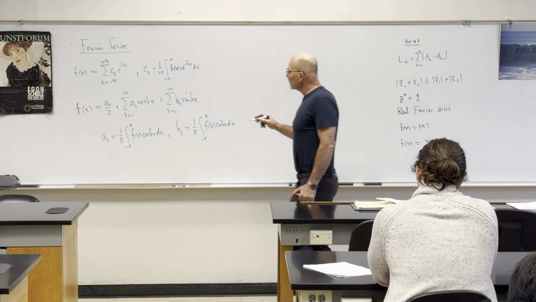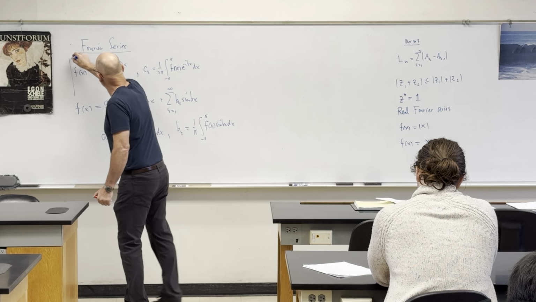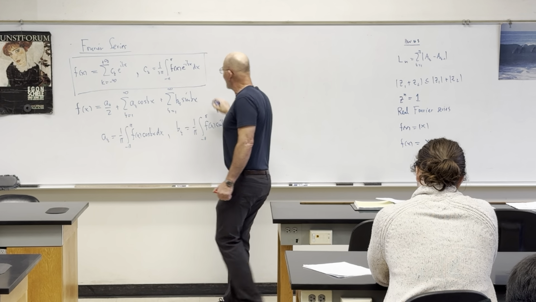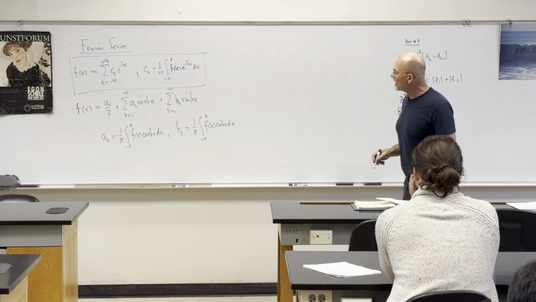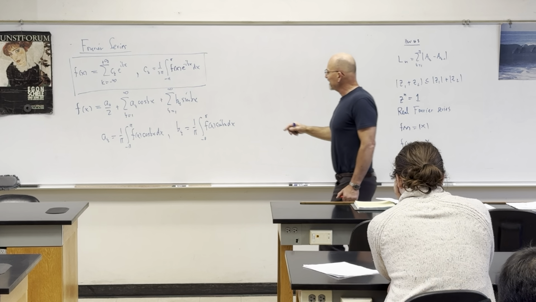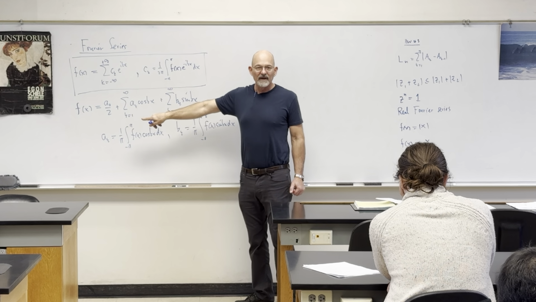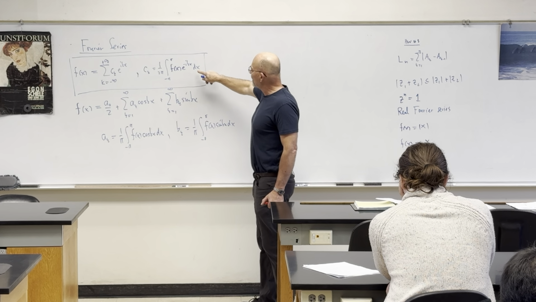So this was the one we proved. And we used that interesting relation with exponentials to prove it in just a couple of lines. So the idea is to take this and then generate this by showing that you get all these terms.